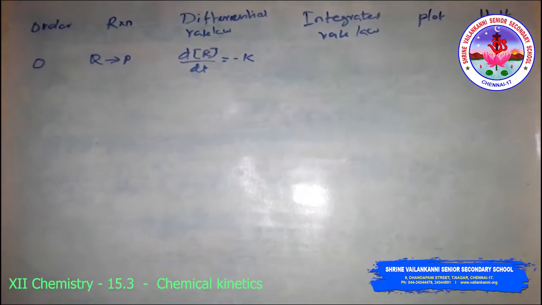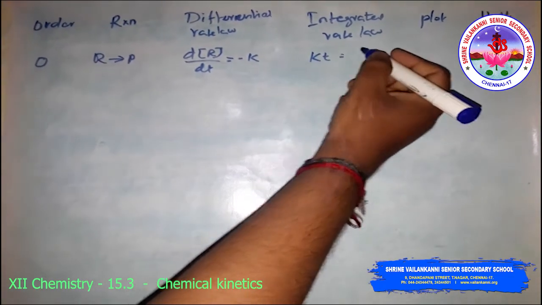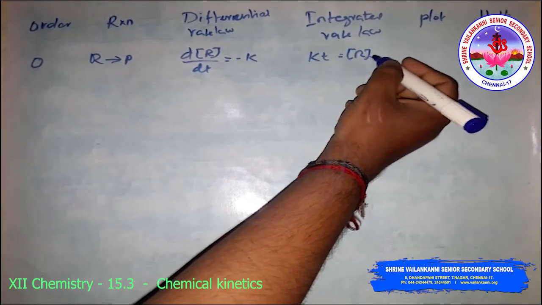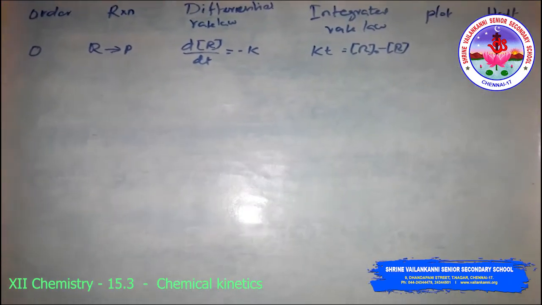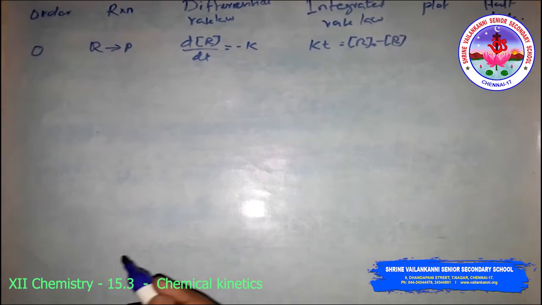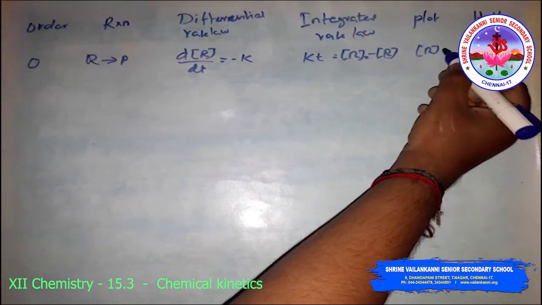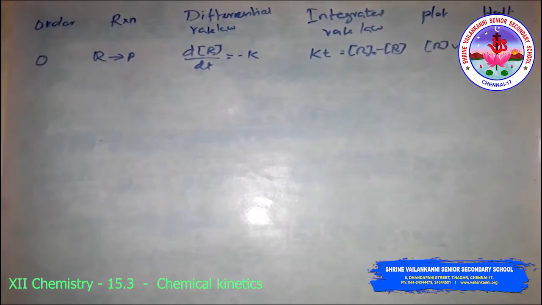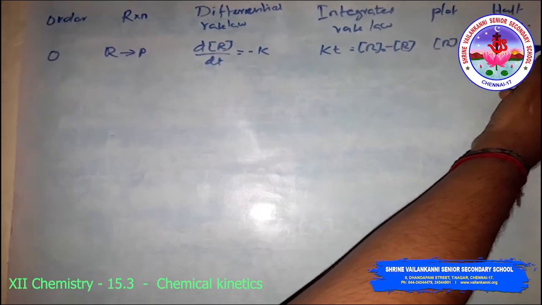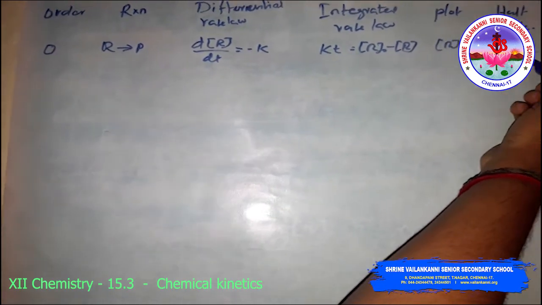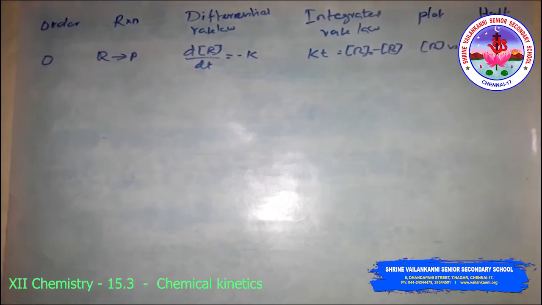The integrated law will be kt is equal to [R]0 minus [R]. The plot will be a straight line, [R] versus t. The half-life is [R]0 by 2k. The unit will be mole per liter per second.